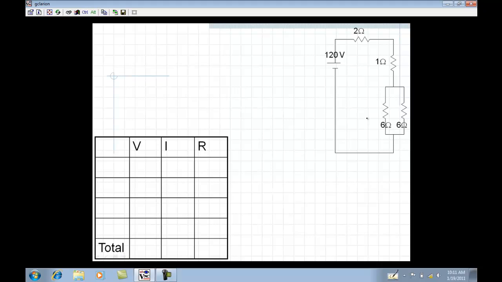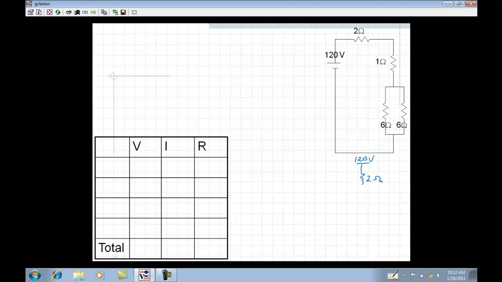I'm going to draw it right here beneath the other version. I'm going to say that that's a 120 volt battery. And I'm going to follow the current as it goes around. There's some wire there, and then what's the first resistor that it gets to? 2 ohms. Yeah, it gets to a 2 ohm resistor.